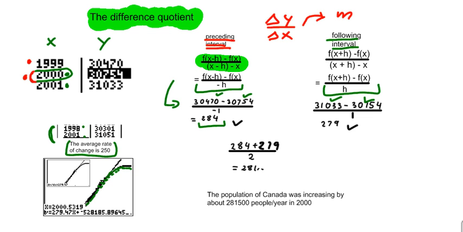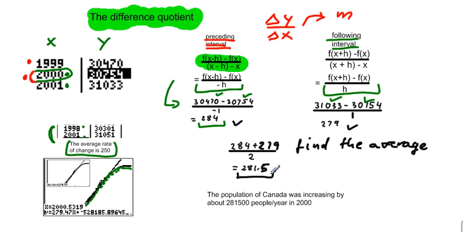So the next step you do, find the average, by using preceding interval, following interval. So you add this together, divide by 2, and now you get the new value. So this is 281.5.